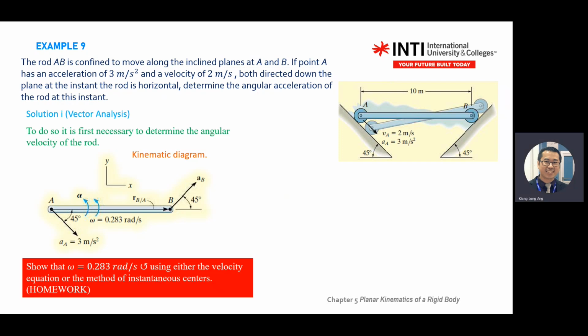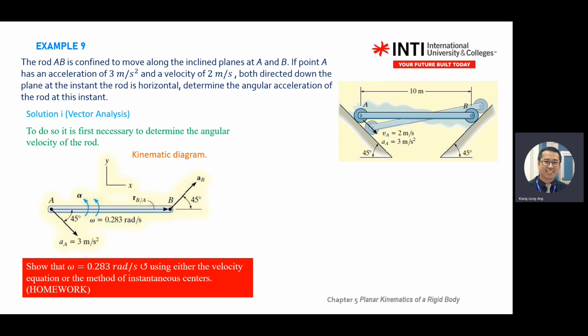Okay. So you should be able to show that omega is 0.28, because you have the velocity just now. You have velocity, you have 45 degrees. And how do you link velocity and omega? V equals omega r. Okay, you need to change this one.